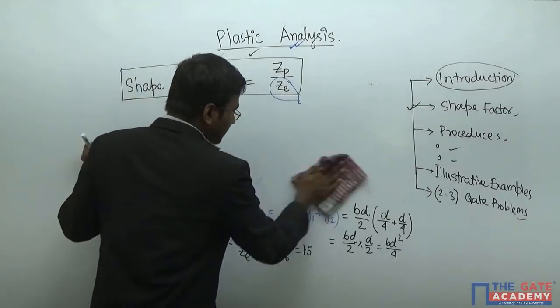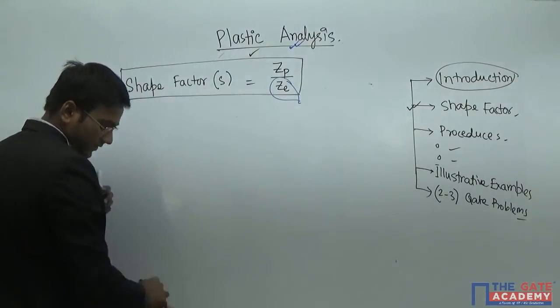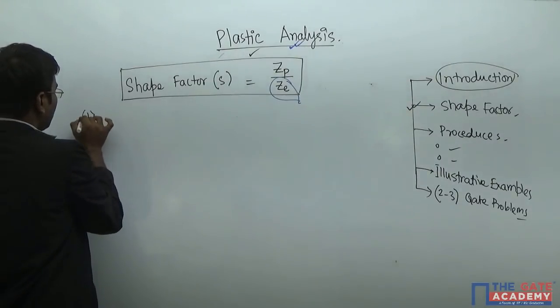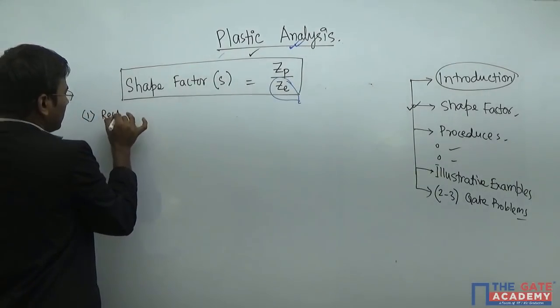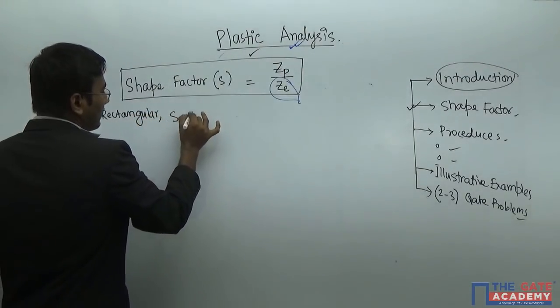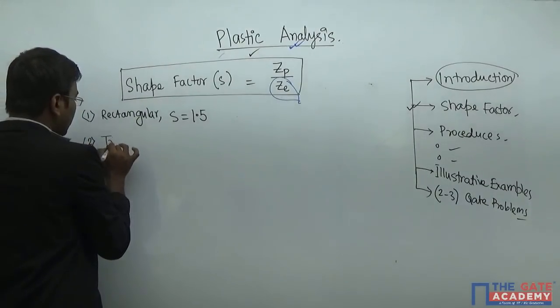Standard cases means different types of sections. So for number 1, rectangular section, shape factor has come 1.5. Number 2, triangular section.